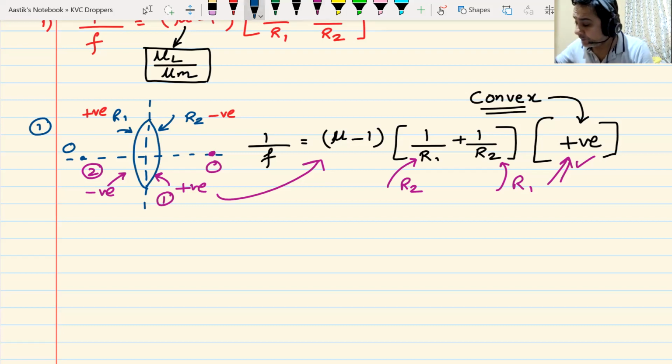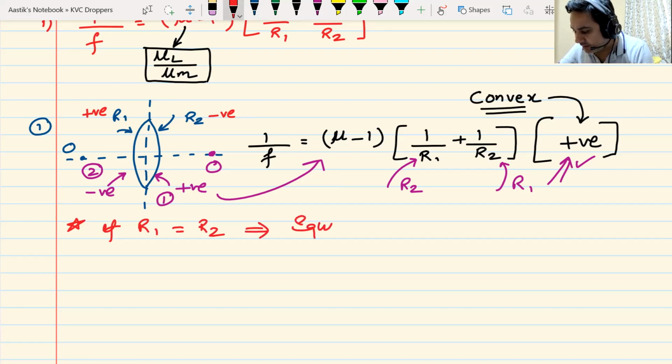And remember here, star, if R1 is equal to R2, both are same, this becomes an equiconvex lens. Do we understand this? Yes, sir. And in the case of an equiconvex lens, you put both R1 and R2 as R. You will get the answer for the value of F. And in that case, if my calculations are correct, this will be equal to 2R upon 2 times mu minus 1.